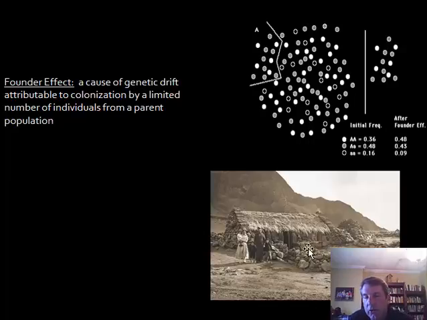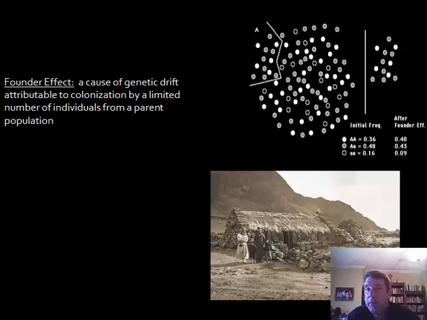This is an example your book shows of a human population where individuals left a mainland population and colonized an island, and their population just remained on that island, all started from a few individuals. When this occurs, very often there's a higher incidence of recessive disorders, because if a few individuals happen to be carrying a recessive allele, the likelihood of them passing it on to their offspring increases because you have a smaller gene pool.